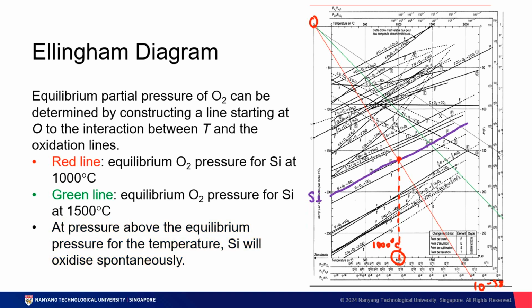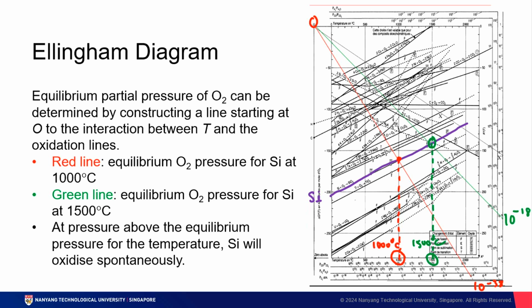Now, what happens if we ran the furnace at a slightly higher temperature, 1500 degrees centigrade? First thing you do, once again, draw a line from 1500 degrees centigrade to intersect the oxidation line and construct another line all the way until you get a readout of the pressure, which is somewhat about 10 to the power of negative 18.